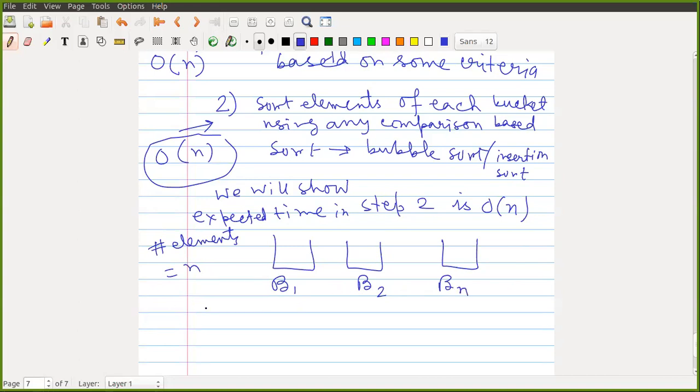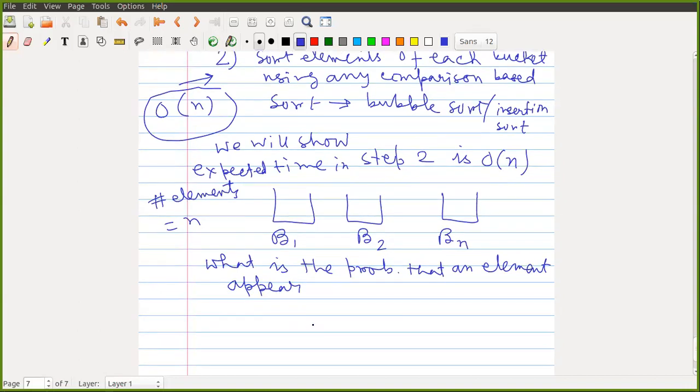So what is the probability that an element appears in a bucket? We are assuming the inputs are uniformly distributed.